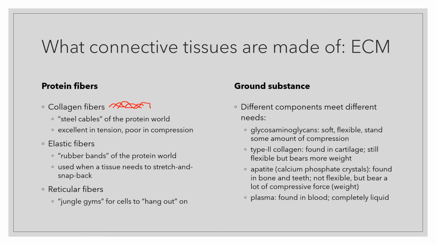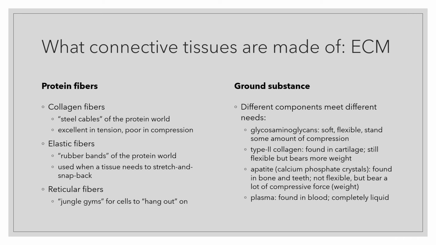And in fact, I call these collagen fibers the steel cables of the protein world because, like steel cables in real life, they are excellent in tension. If you pull on them, they're very, very strong, but poor in compression. So a tendon, as long as it's being in tension between its muscle and the bone it pulls on, is great. As soon as you stop putting tension on it, it just buckles. Okay.